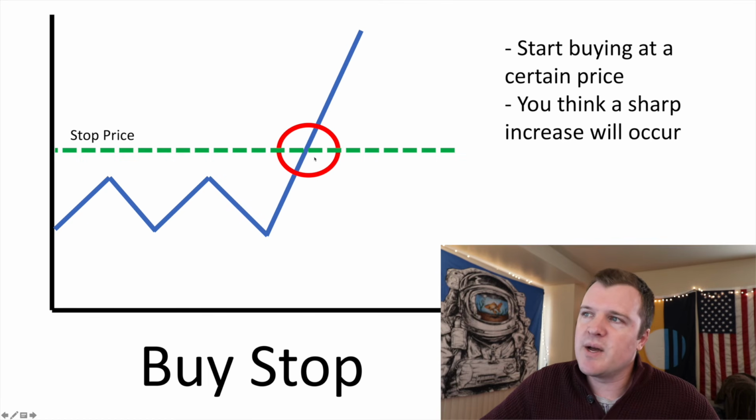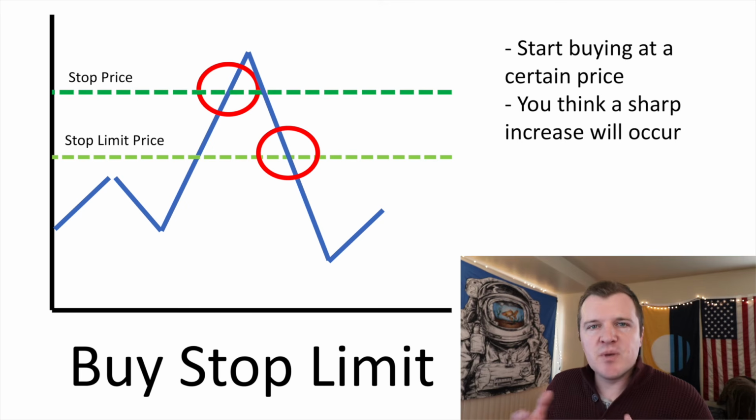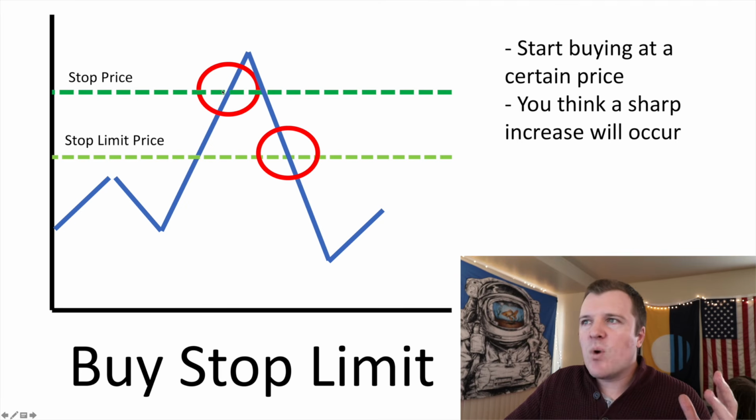Once again, you would do this if you think that there would be a sharp increase once you hit a certain dollar amount. A buy stop limit order builds on the buy stop, where you say, hey, once the share price hits a certain dollar amount, I want it to then go back down a little bit before I start buying. So let's say it's hovering around $100. It then shoots up to 110.